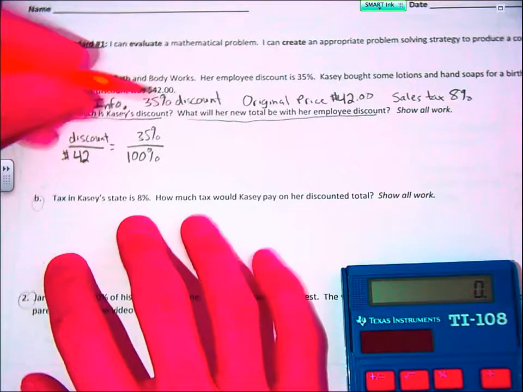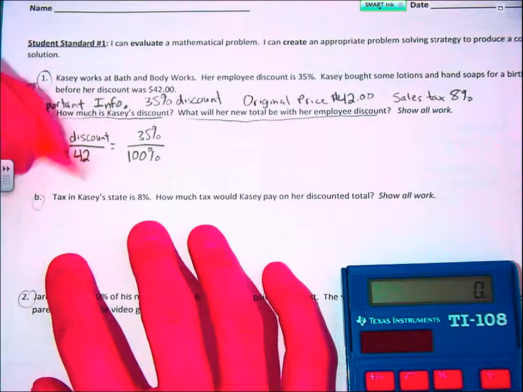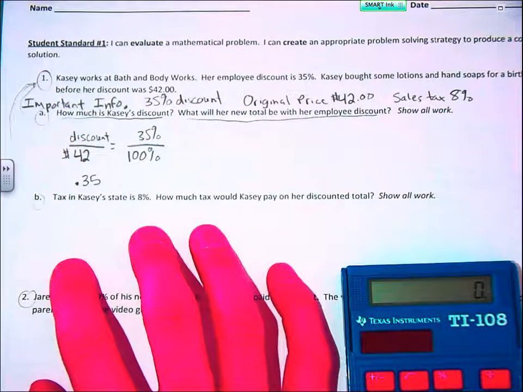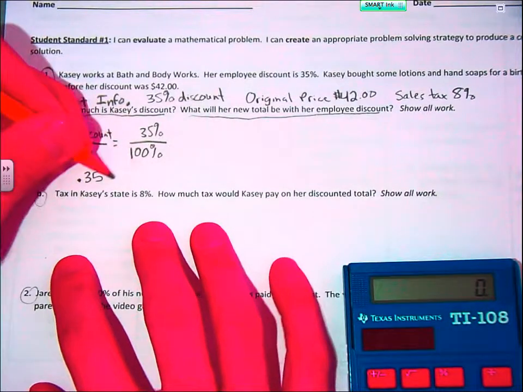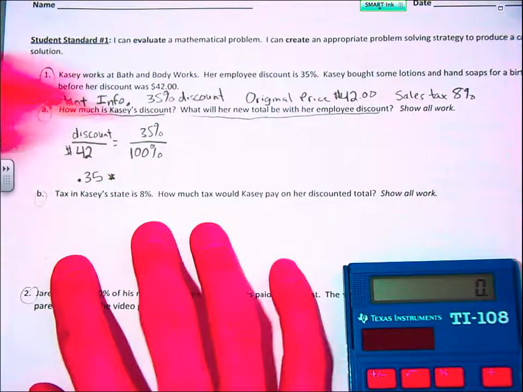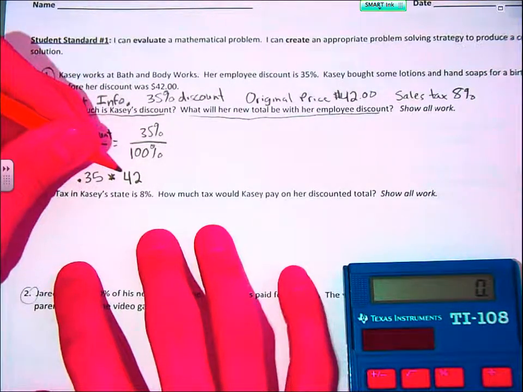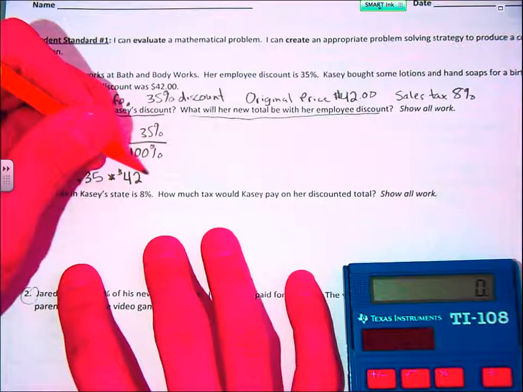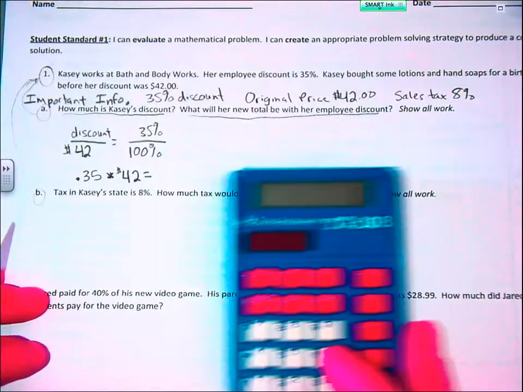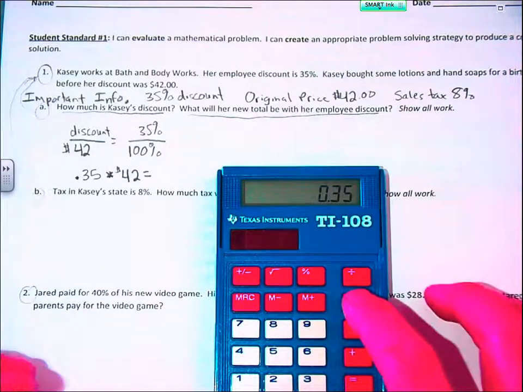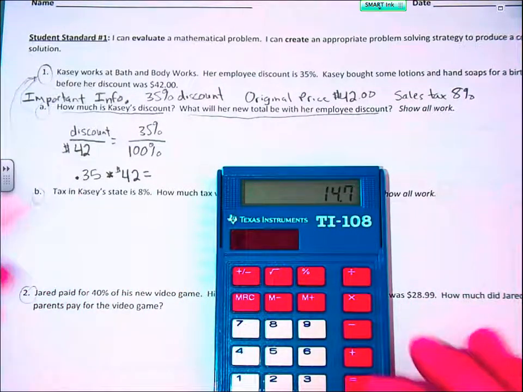Hank's method says that I take my percent, 35%, and I turn it into a decimal. Then I take my decimal and I times it by the whole thing.